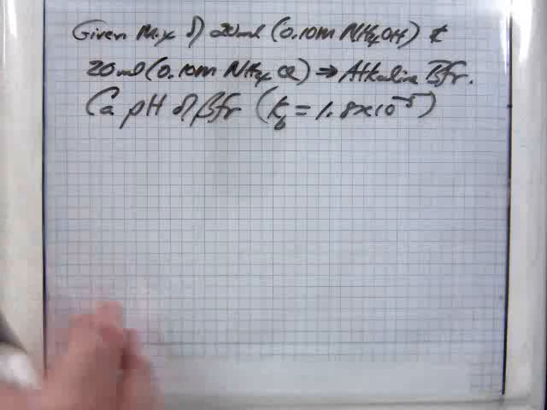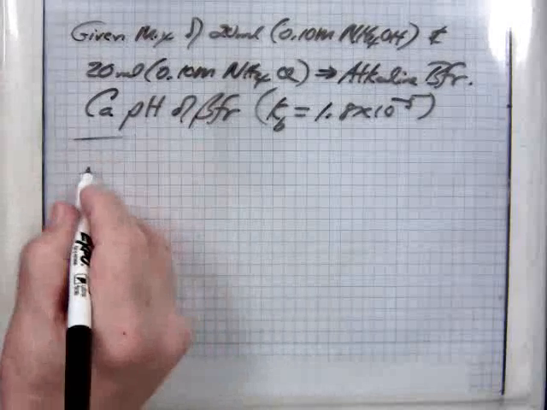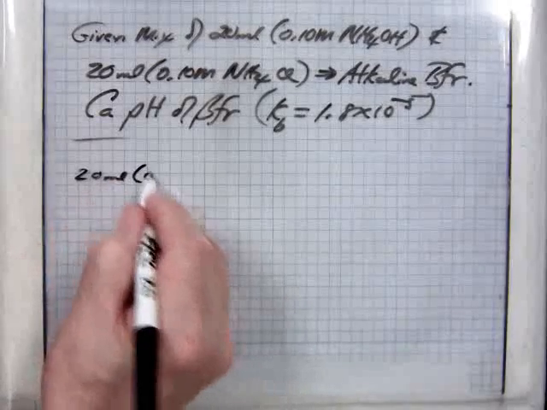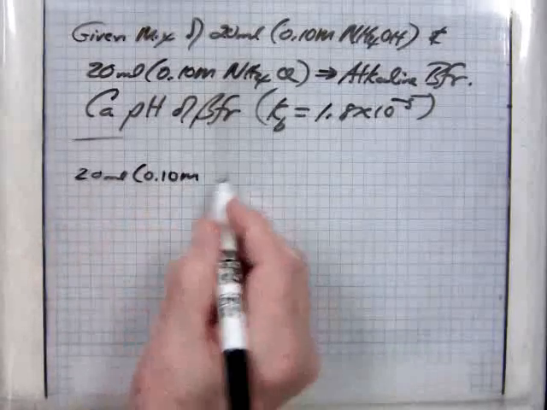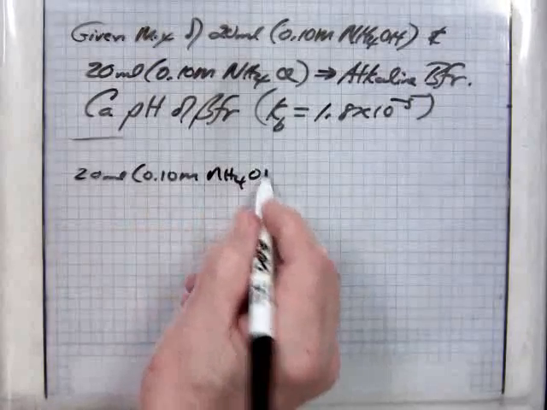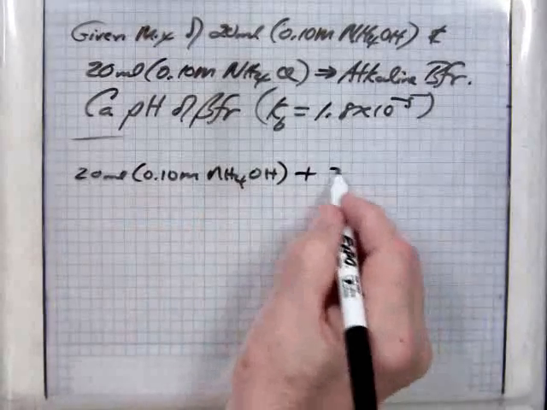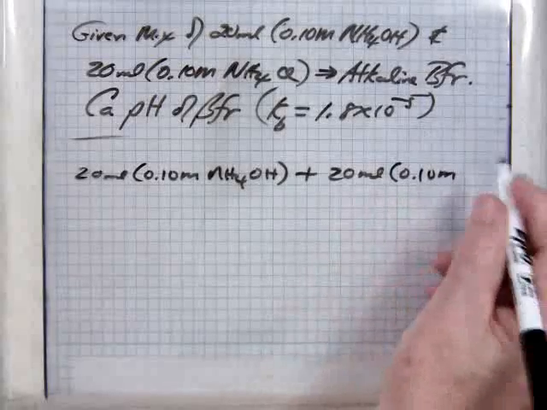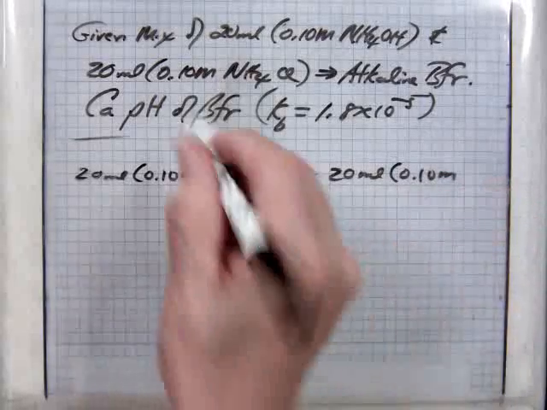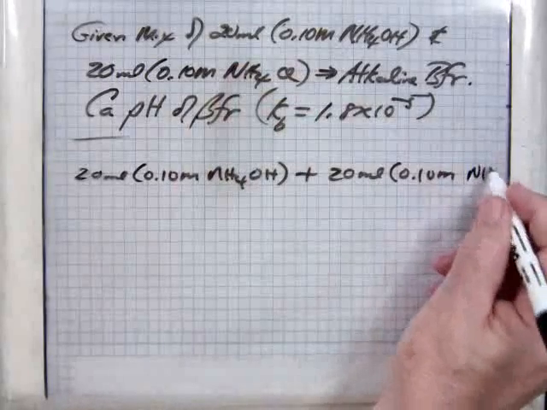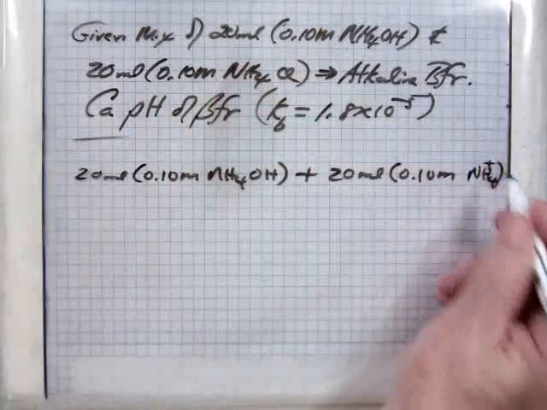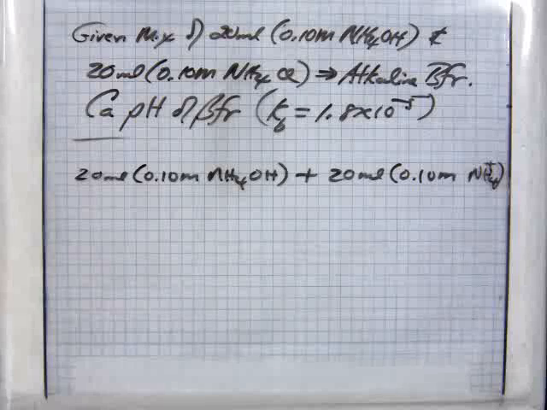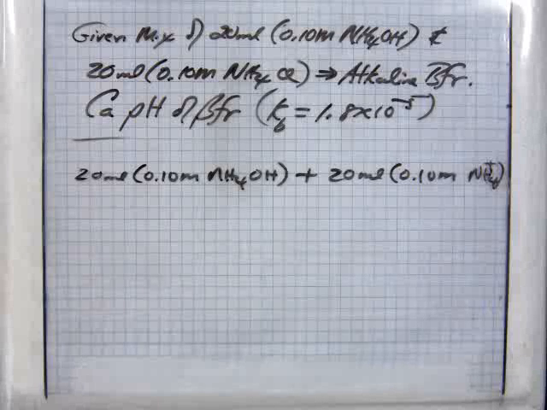So in this, you have 20 milliliters of 0.10 molar ammonium hydroxide plus 20 milliliters of 0.10 molar of the ammonium ion. I'm running out of room, so I'll just stop with that. Chloride's a spectator ion. It's not entering into the reaction at all.